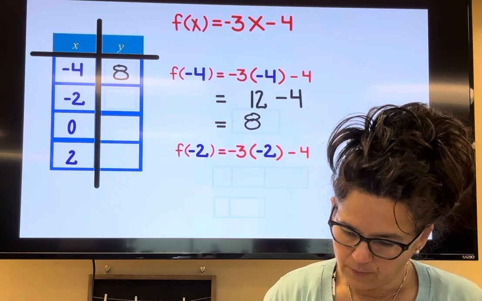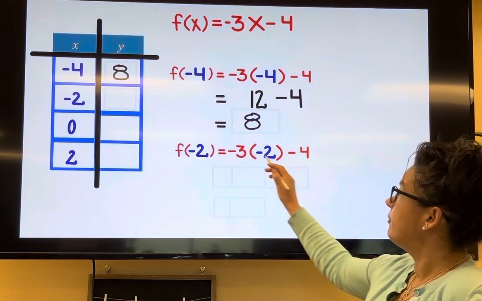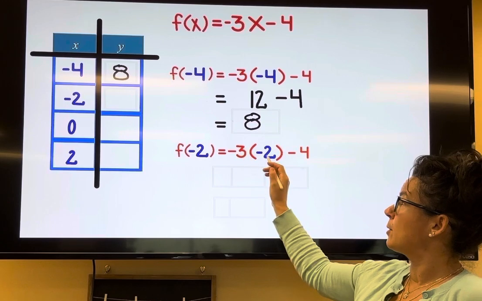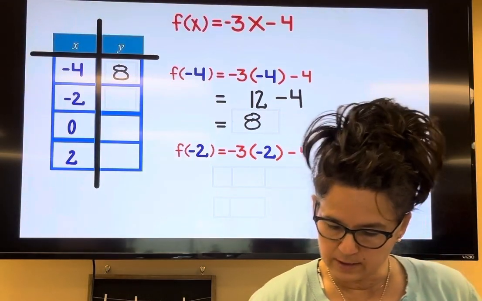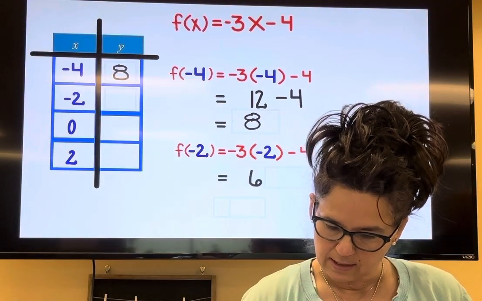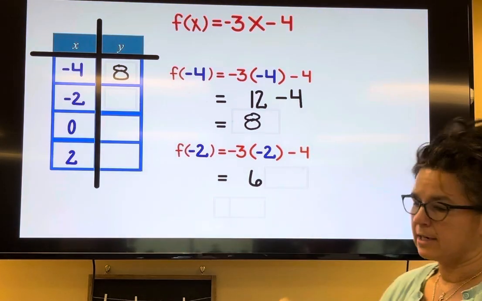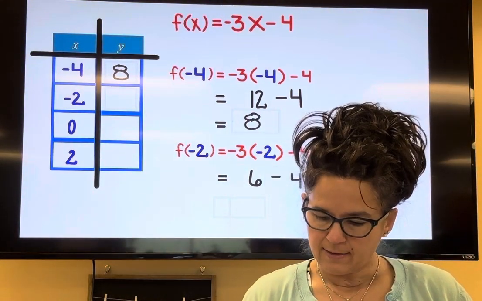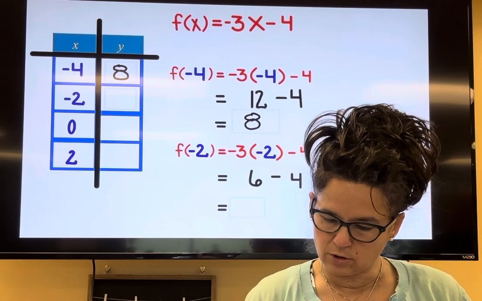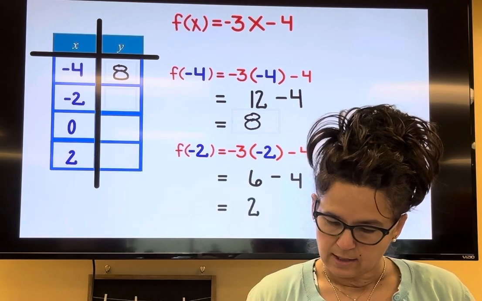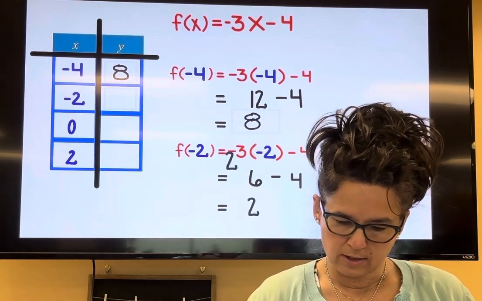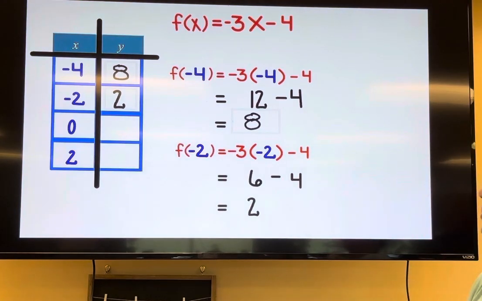Okay, there we go. And following order of operations, negative 3 multiplied by negative 2 is positive 6. And then we're going to bring down that minus 4. And then 6 minus 4 is equal to 2. And so the answer here that I'm going to put back in the table is 2.